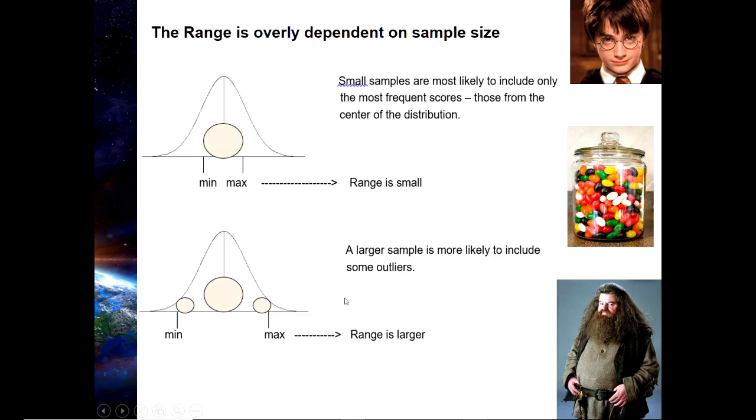It may overestimate the amount of variability you have. And again, it's because the range doesn't see any of this clumping or clustering. It only sees the biggest and the smallest number. So for those reasons, for the most part, we stay away from the range. Sometimes you see it reported, but not very often.